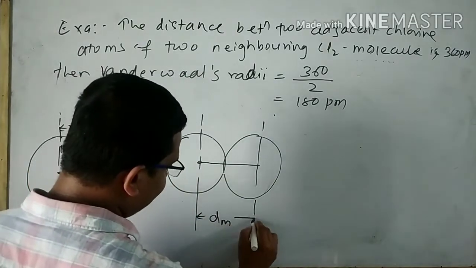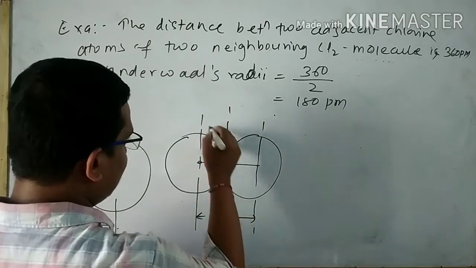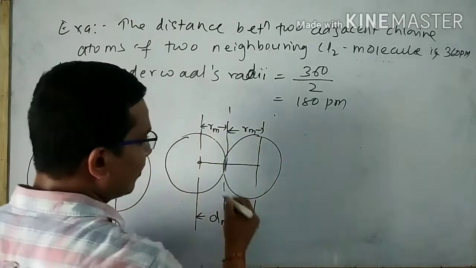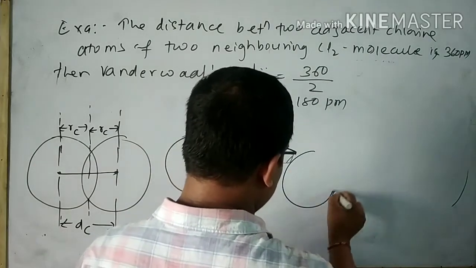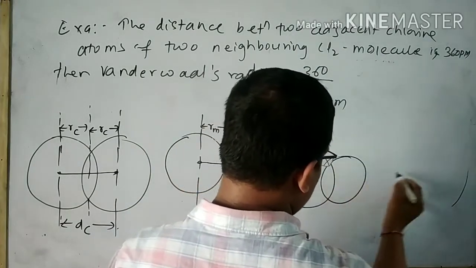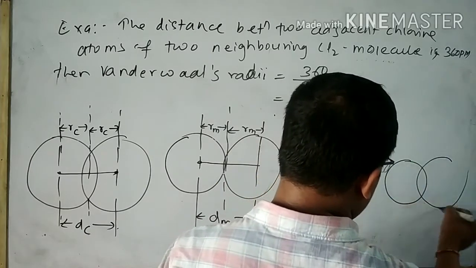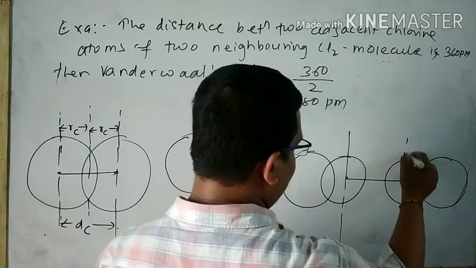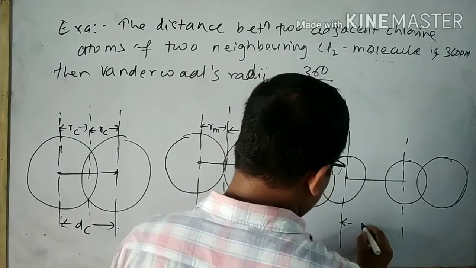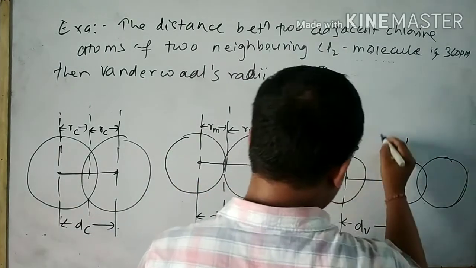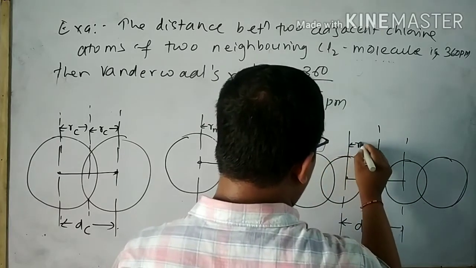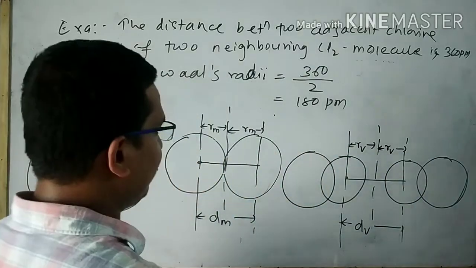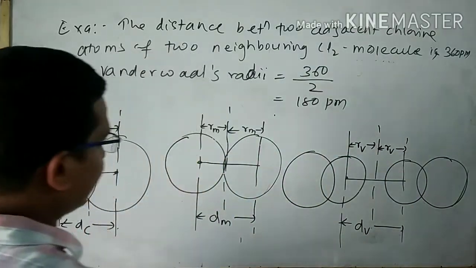This is your dm. Half means this. This is your Rm. This is the van der Waals distance, dv, and this is your Rv.